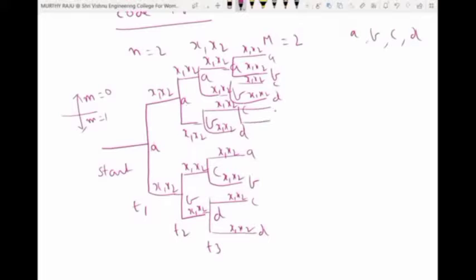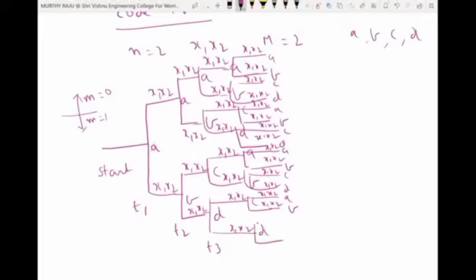Here C to A, C to B. Here D to C and D to D. Here A to A and A to B, and B to C and B to D. C to A and C to B, next to X1, X2. Here D to C and D to D.